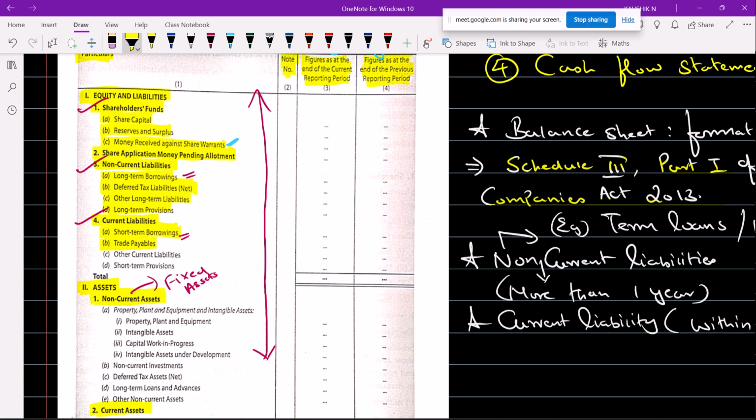Then you have other current liabilities, like other long-term liabilities there. And finally, there you had long-term provisions, here you have short-term provisions. So almost similar items, but with slight variation in the terminologies.